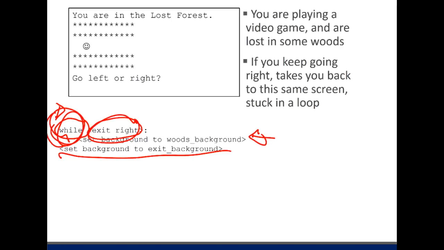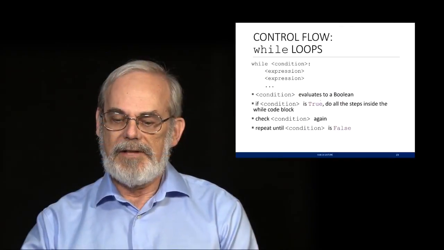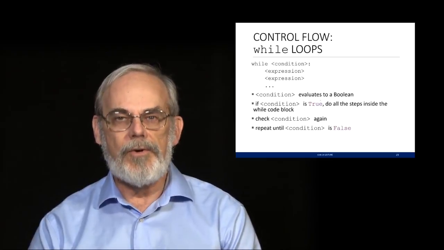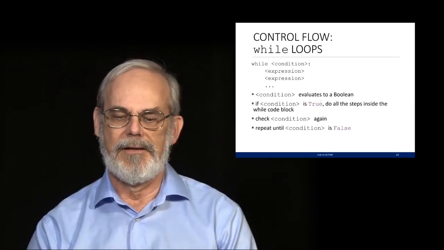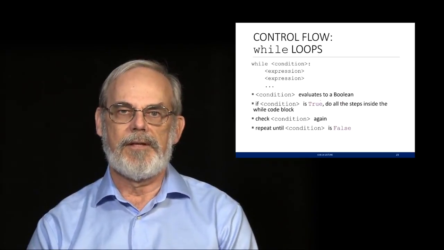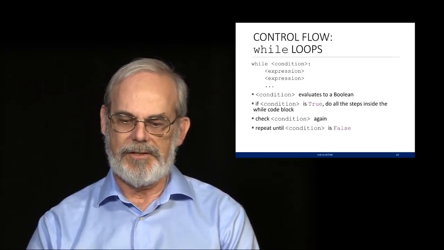And that says no matter how many times I go right, I'll always be in that loop until I finally go left and break out of it. So I can control the flow, now for the first time, not just in a linear way, with something that lets me check conditions.